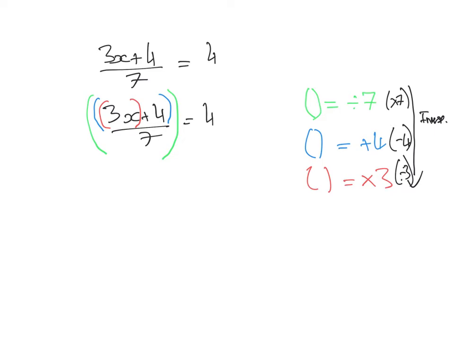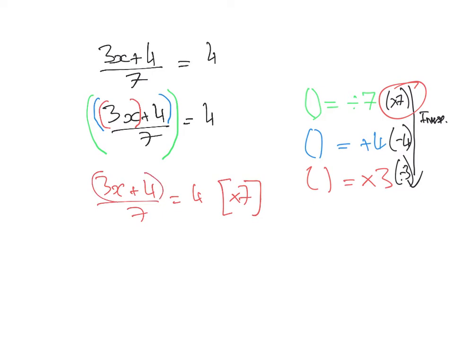In this case, the first thing we're going to do is times by 7. So 3x plus 4 over 7 equals 4. First thing we've said is we're going to times by 7. Remember that's all in a bracket, so timesing that side by 7 just gives us 3x plus 4. 4 times 7 is 28.